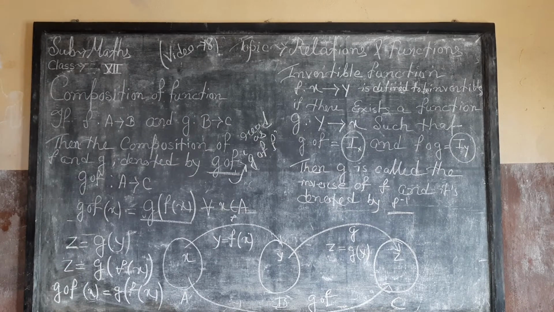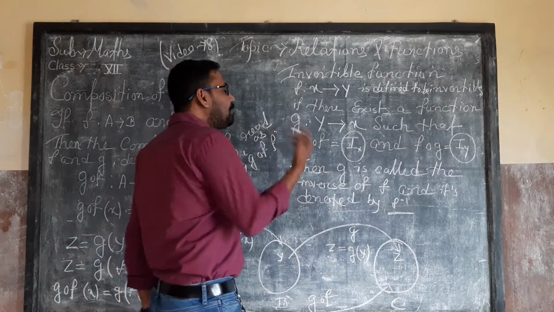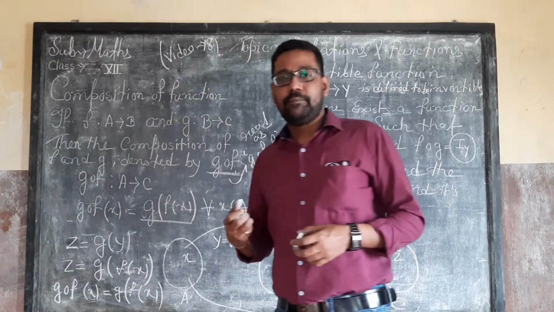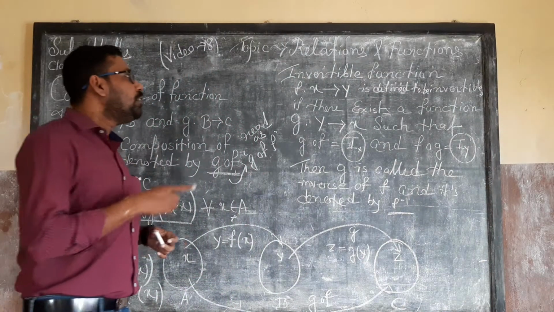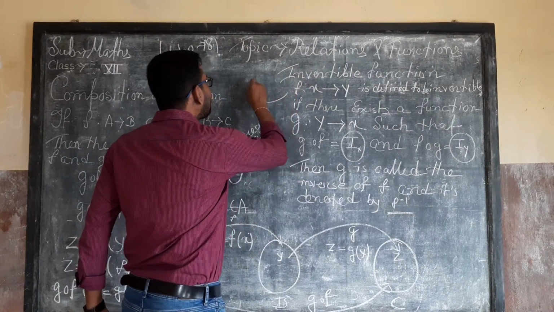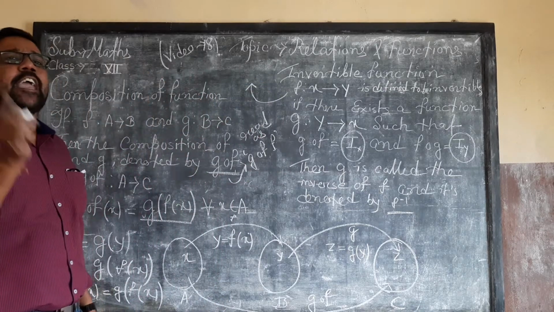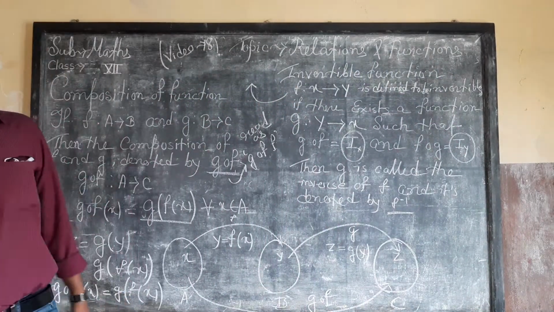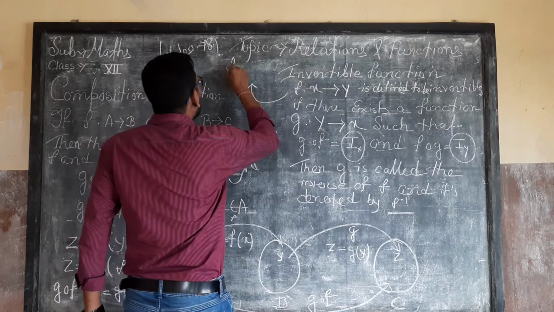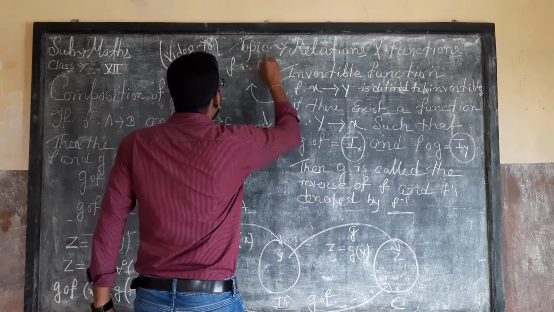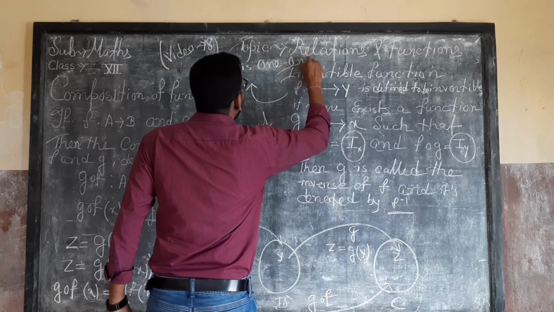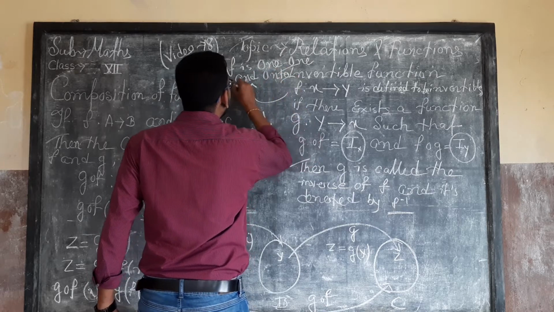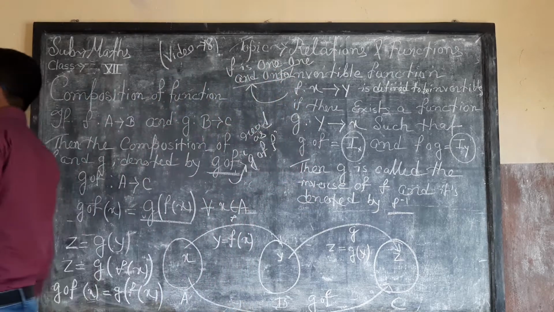One thing to remember: for invertible functions, in mathematical proofs, sometimes when f inverse is not defined, we try to prove it using a property of invertible functions. If f is invertible, it implies that f must satisfy two conditions: f is one-one and f is onto, that means f is bijective.